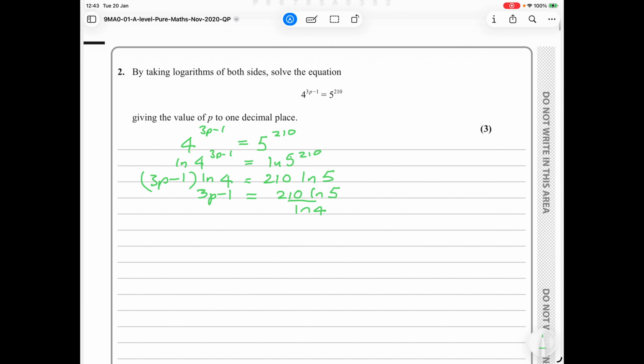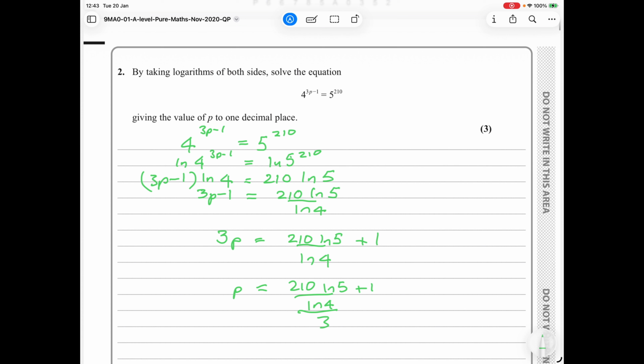That's all stuff you put into the calculator. I'm assuming then we can add 1 onto both sides. So 3p equals 210 log 5 over log 4, plus 1. And then p equals 210 log 5 over log 4, plus 1, over 3.